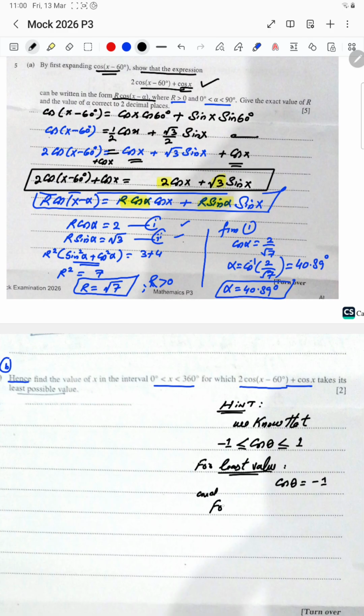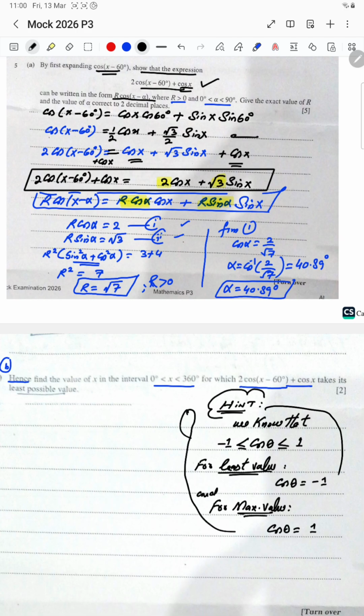And for maximum value we will take cos theta equal to plus 1. And this is the hint, keep this in mind. Even graphically you can check this, the same thing, you will get it.